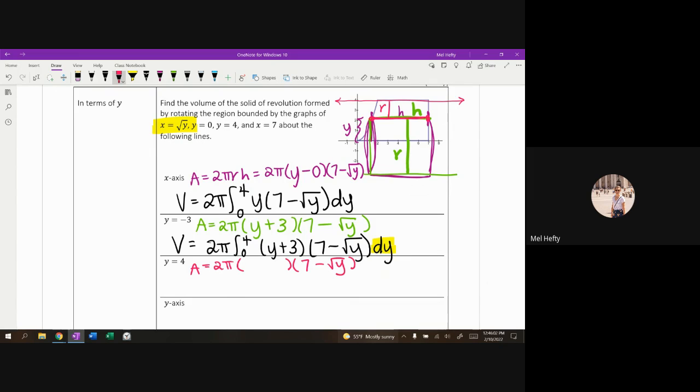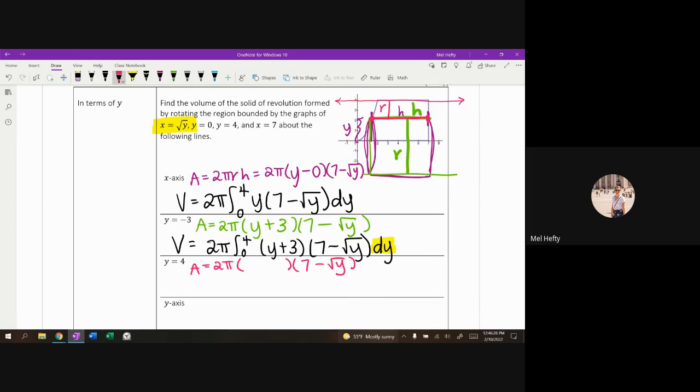All right, which one is it? Is it y minus 4 or 4 minus y? 4 minus y. And this time it matters. I'm glad someone said that because it's important. It's really important for this method because it's not squared. Again, a great way to check: all of our y values are between 0 and 4. Let's pick one in the middle, let's pick 2. If we had done y minus 4, that would mean 2 minus 4.